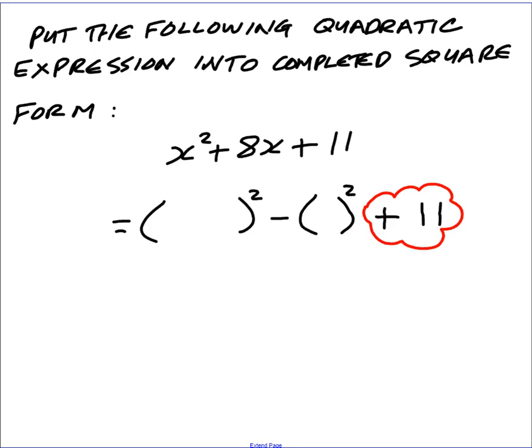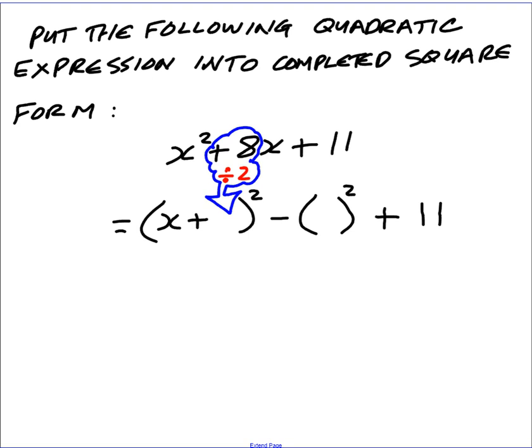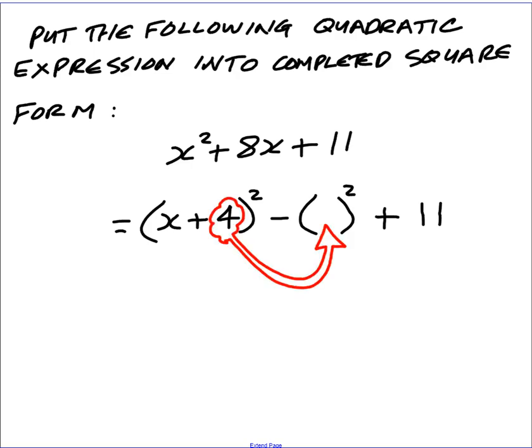Inside the first bracket it's going to be x, and because it's a positive there, it'll be positive there. If it was a negative there, it'd be a negative there. But we're always dividing that by 2. So it's going to be 4, and automatically that goes into that smaller bracket that's going to get squared.